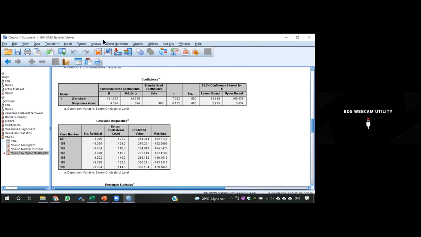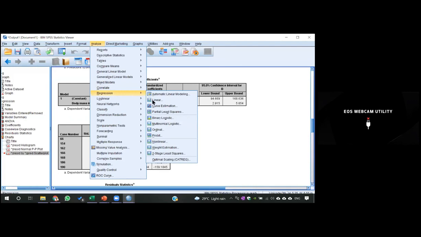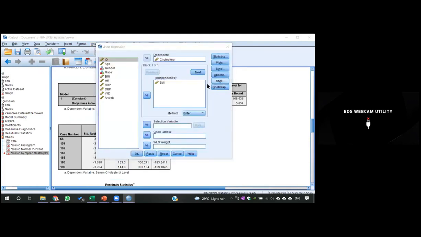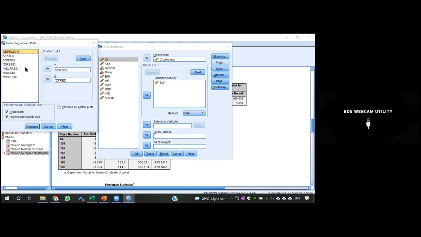SPSS, I don't think it gives us that. Let me check this because I have not checked this. Maybe linear, if I check this, just a sec. You can do both, I think, standardized or unstandardized. It doesn't make a difference.